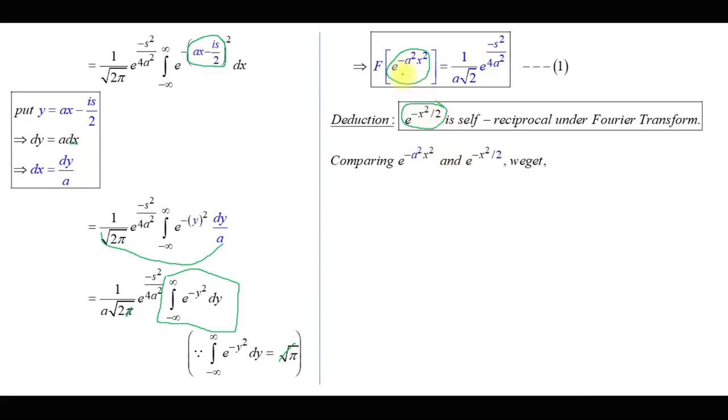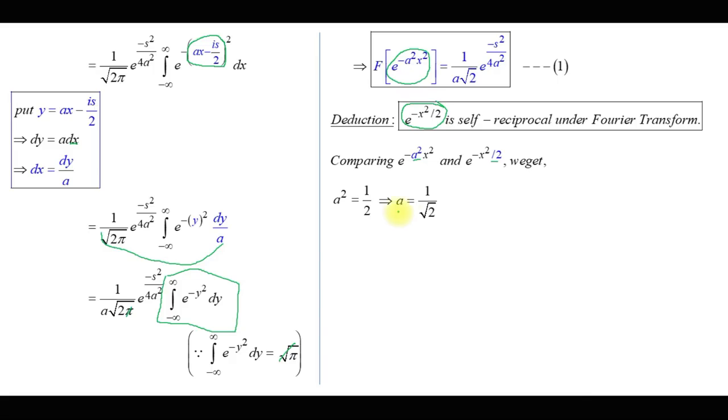So comparing e power minus a square x square and e power minus x square by 2, we have a square equal to 1 divided by 2. So a equal to 1 by square root 2. Actually a equal to plus or minus 1 by square root 2, but in the given problem a is given as positive. Therefore we take a equal to plus 1 divided by square root 2.